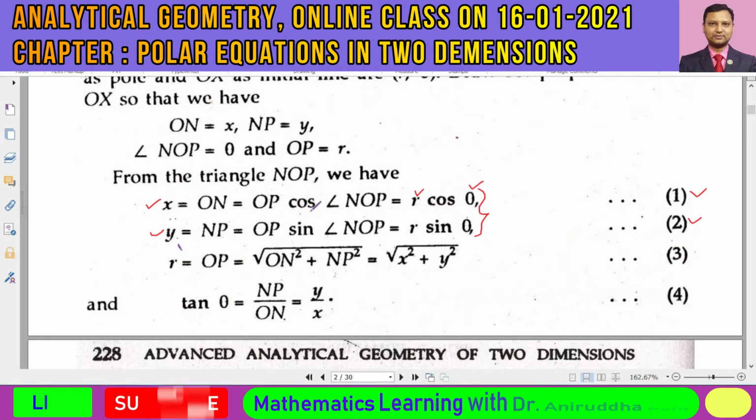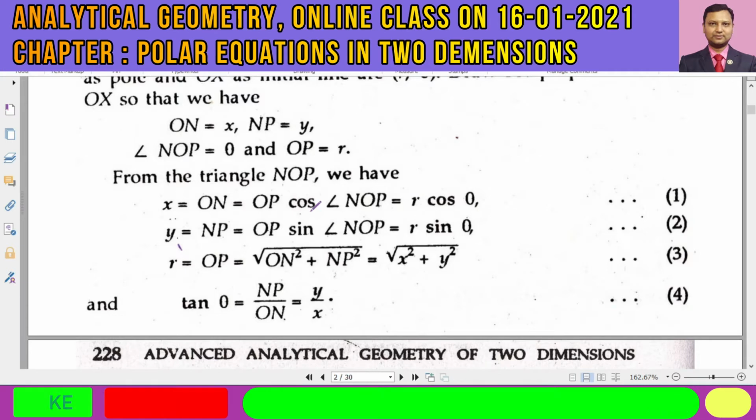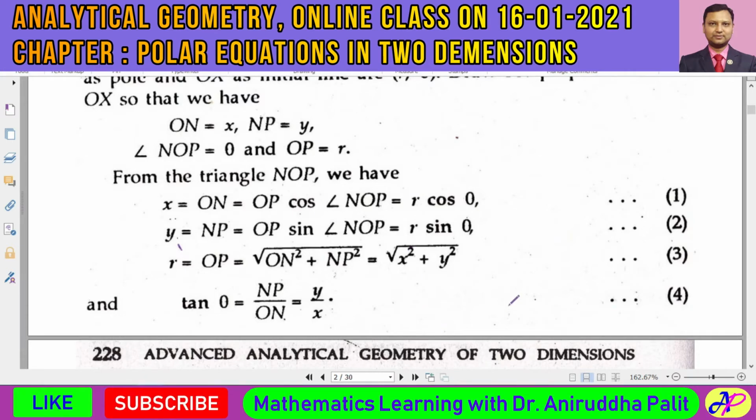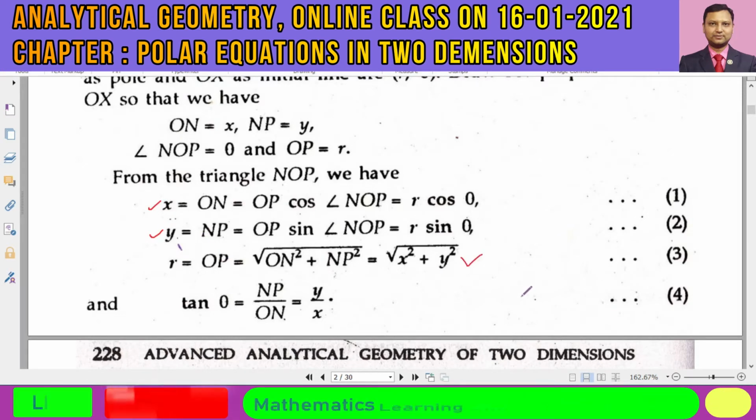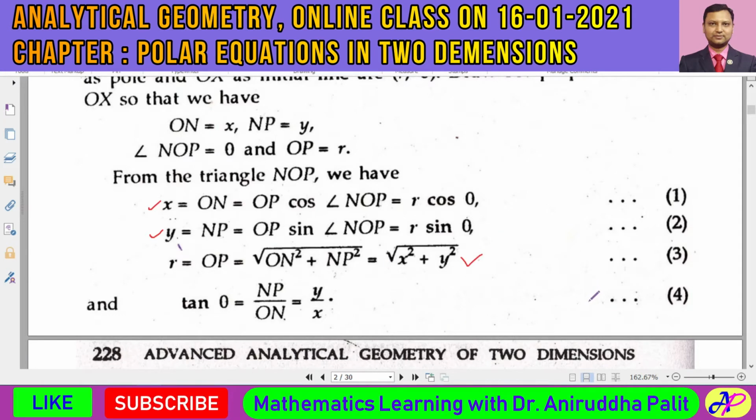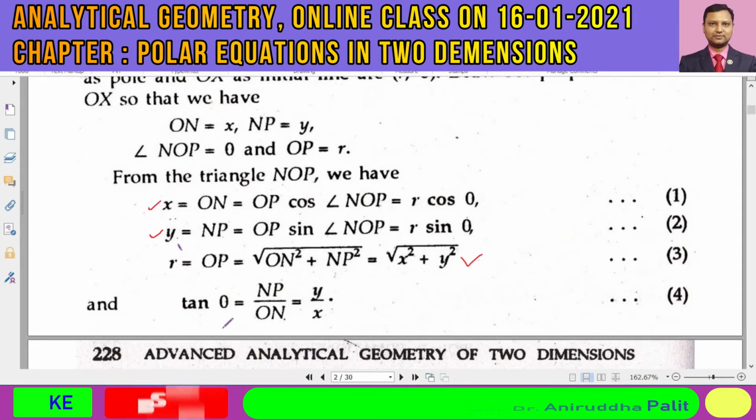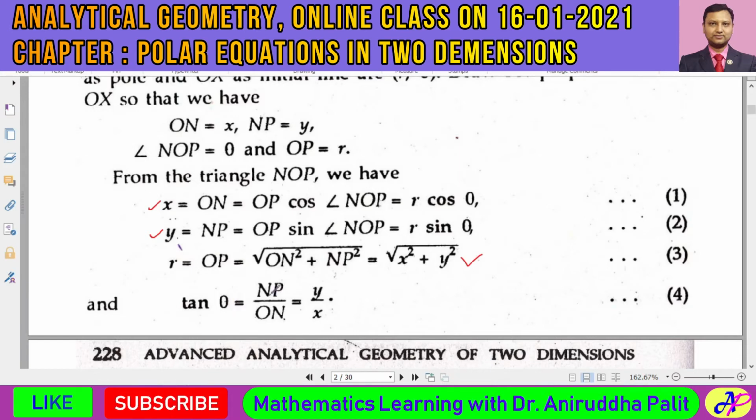Fine. We don't have any problem in this case. And over here as well, whenever x and y, these two Cartesian coordinates, are known quantities, then we can find the value of r by the formula root over x square plus y square, and theta can be tan inverse of y by x.